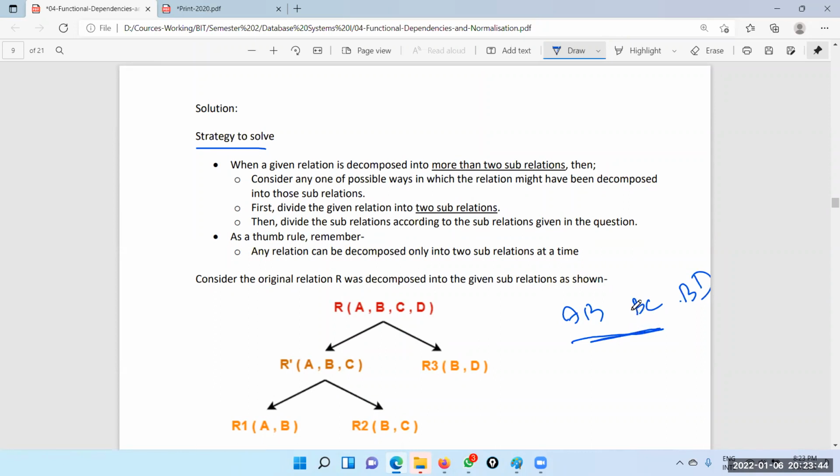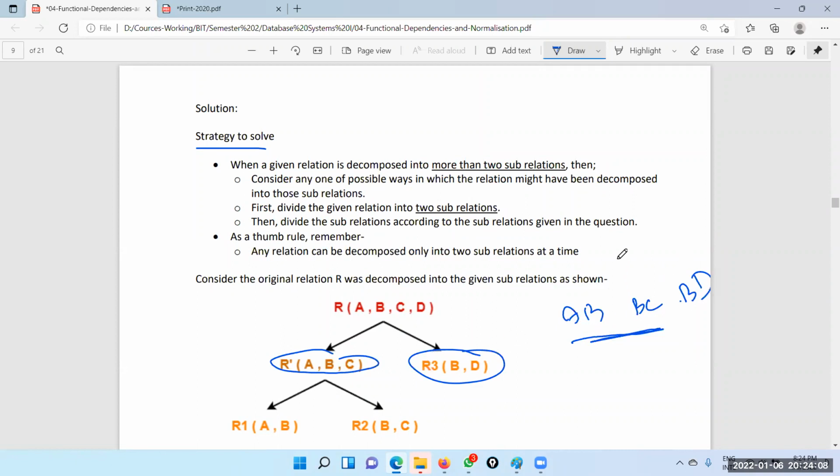So therefore I will take A, B, and C together. I'm looking at these 2. And B, D separate. Okay. So now we subdivided A, B, C, D into ABC and BD. Why did I take ABC? Because if I look at these 2, the common things are A, B, and C. And the other one I took like this.